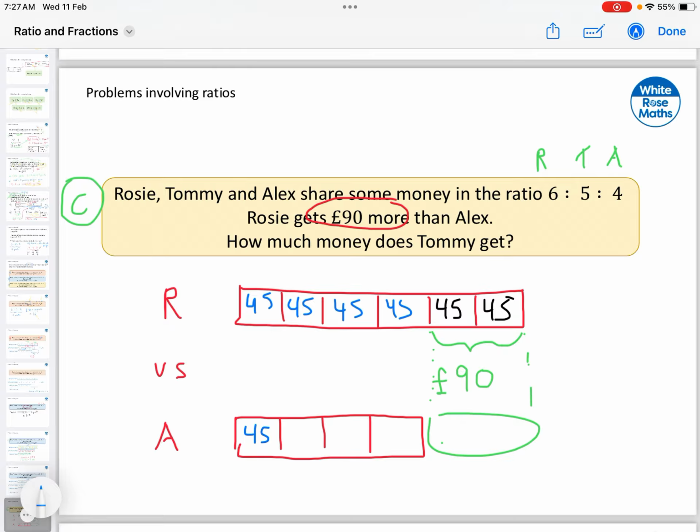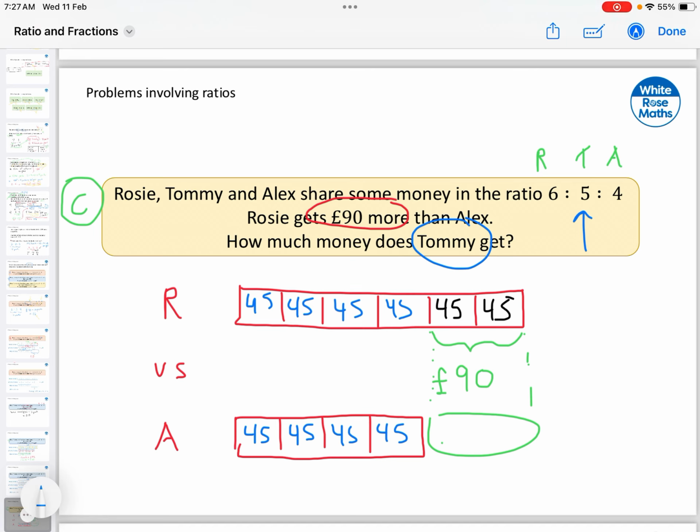And for Alex, remember that he has the same amount, but only 4 parts. This is the case of Rosie against Alex. Now we know their total amounts. Remember that it's 45 each part, but the exercise is focused on Tommy. And don't forget that Tommy has 5 of those parts.